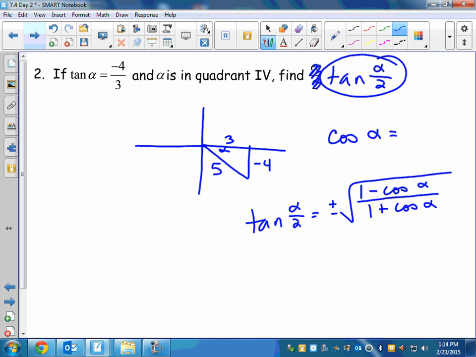So do you agree using this triangle, we would say cosine of alpha is just going to be 3/5?